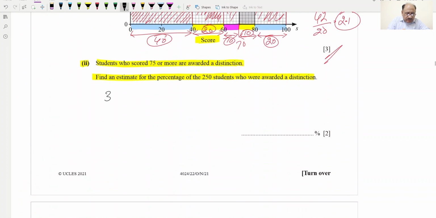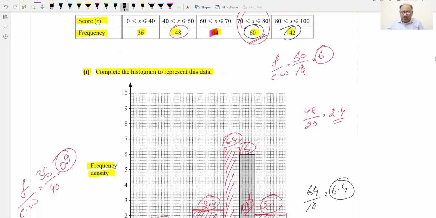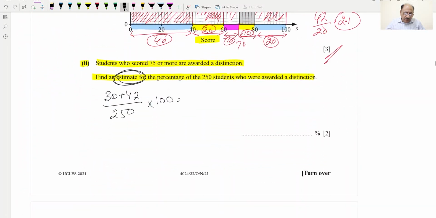So we take 30 plus 42 divided by 2, for 250, and this is basically an estimate, not the exact value. Because we have taken half of this range, which is just estimation, we can't say that exactly half will be from 75 and above.